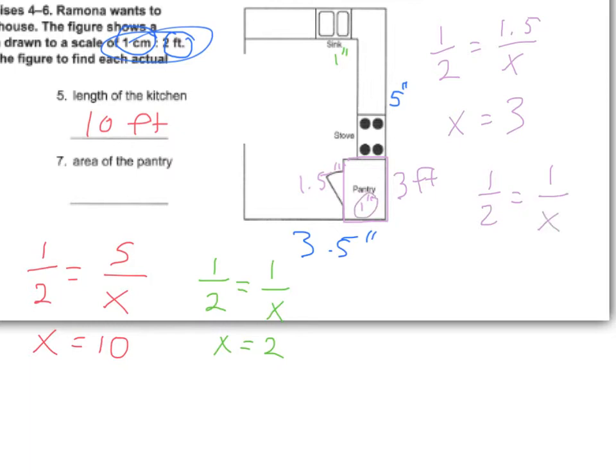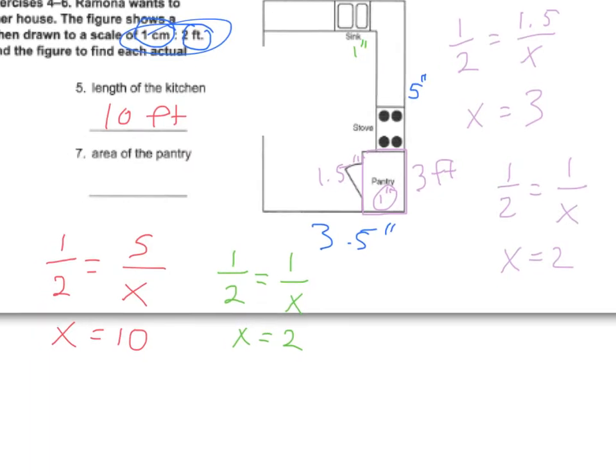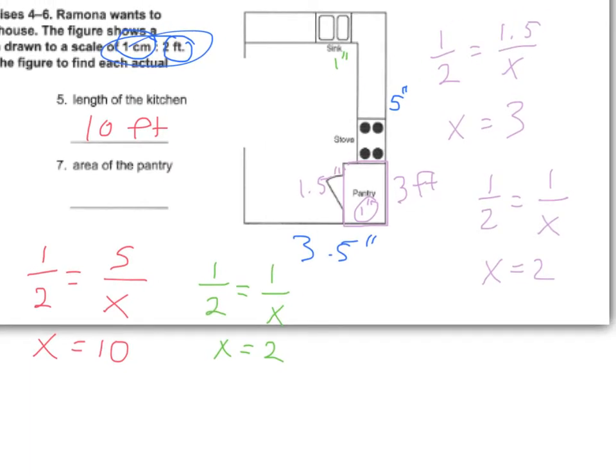Set that over my x, which we did before, we get 2. So this pantry is 3 by 2 actual feet. Sorry about that, I wrote a 3. So how do I find area? I multiply. 3 times 2, which is 6, and we're talking about square feet.